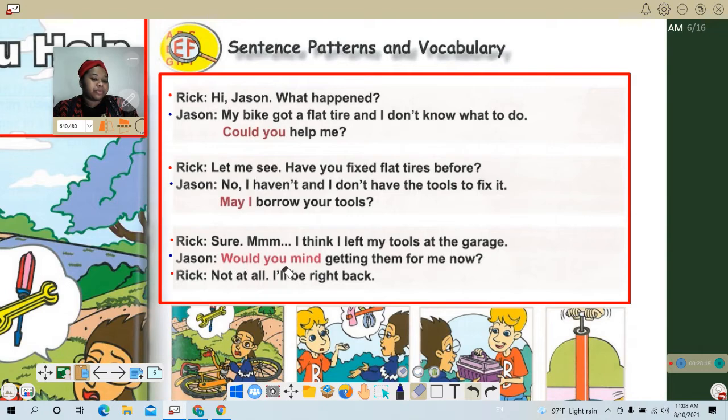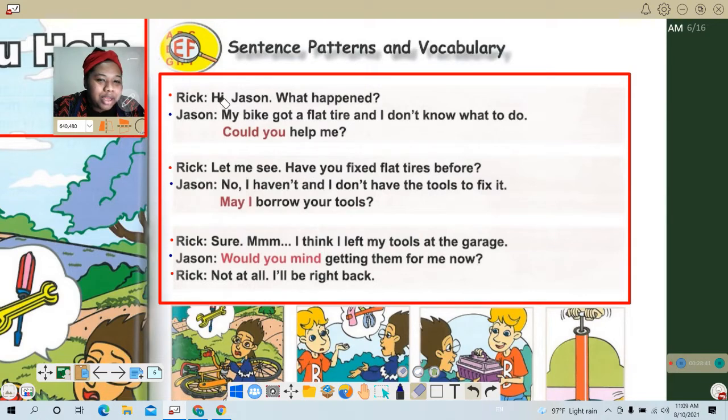Would you mind getting them for me? Wait, what happened? Let me see. What did I say again?